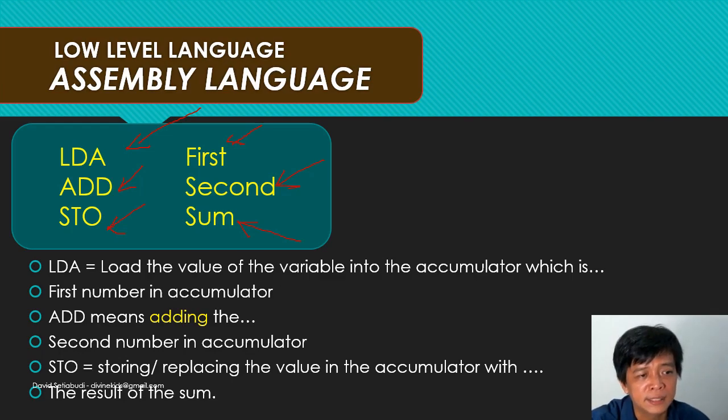Actually, this assembly language is asking you to put the first number and the second number, and then you just total the first number and the second number, and then replace and store. This is what the assembly language means. You see, it's shorter, and the words are really short too. It doesn't use up much memory. It's faster.